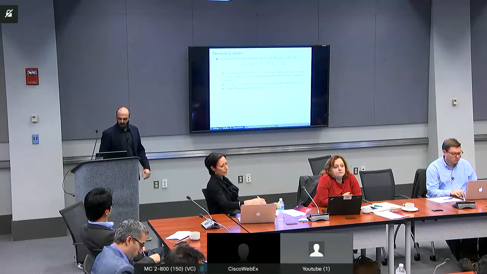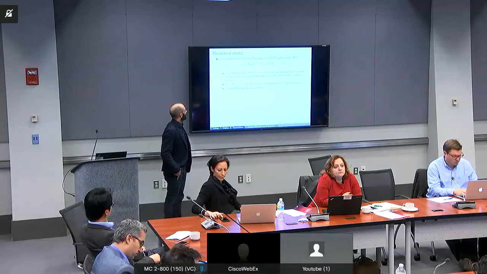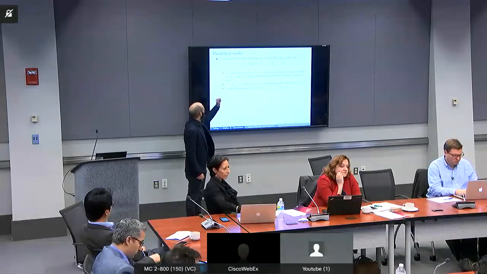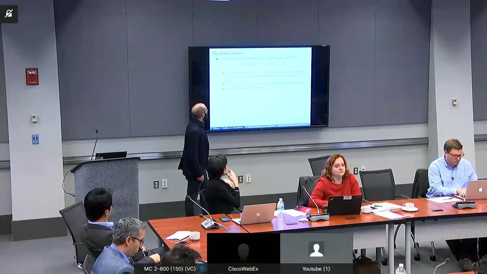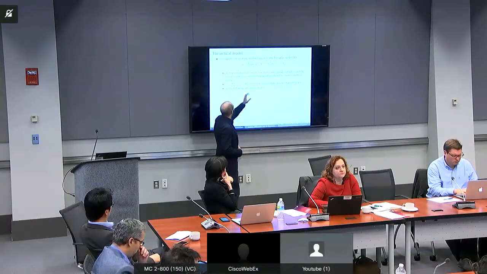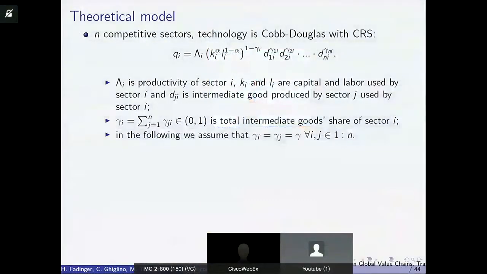So let me go through the theoretical model. We have a very standard neoclassical economy with perfect competition. We have n sectors. In each sector, we have a Cobb-Douglas technology. So gross output of sector i uses capital and labor, and a set of intermediate inputs produced by other sectors, d_1i to d_Ni.